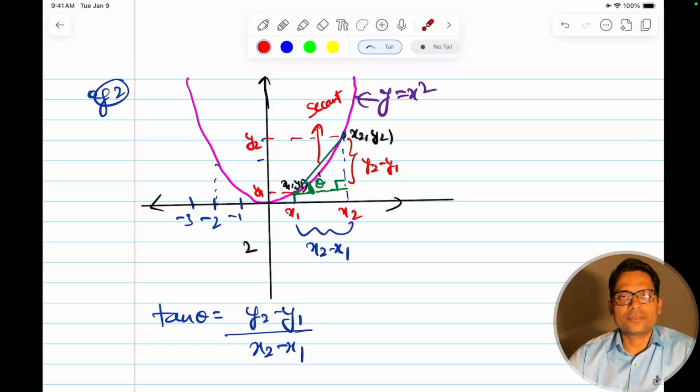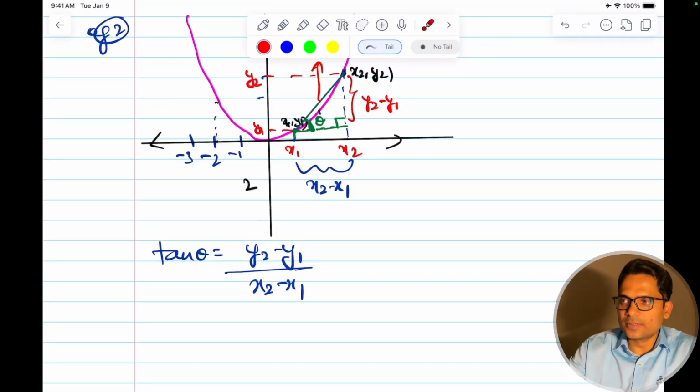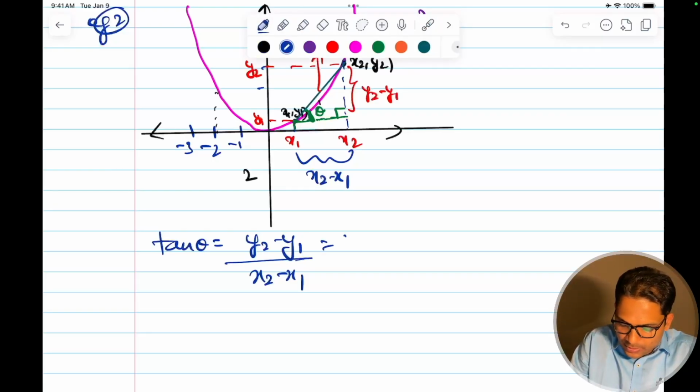Rate of change of y by rate of change of x. So this is your tan theta. Now this x1 and x2, this is your delta x, right? So this is equal to delta y by delta x.